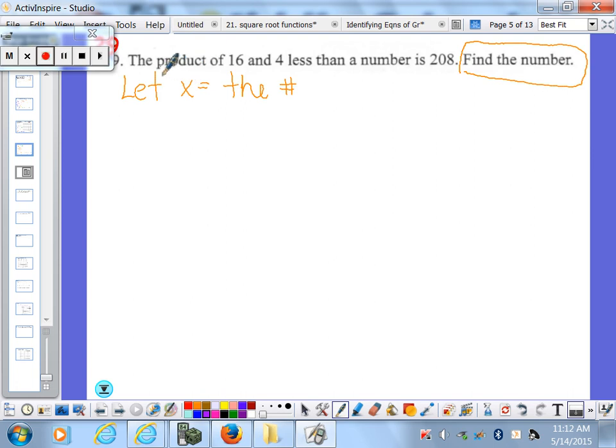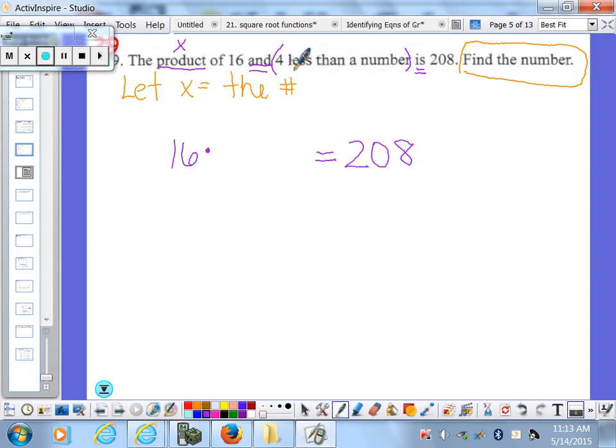So let's see. The product, that means multiplying, of 16 and 4 less than a number is 208. So I'm going to start with what I'm a little bit more comfortable with and certain of. So my is my equals, and 208 should be on the right-hand side. Let's go back to the left. We have the product of 16 and something else.